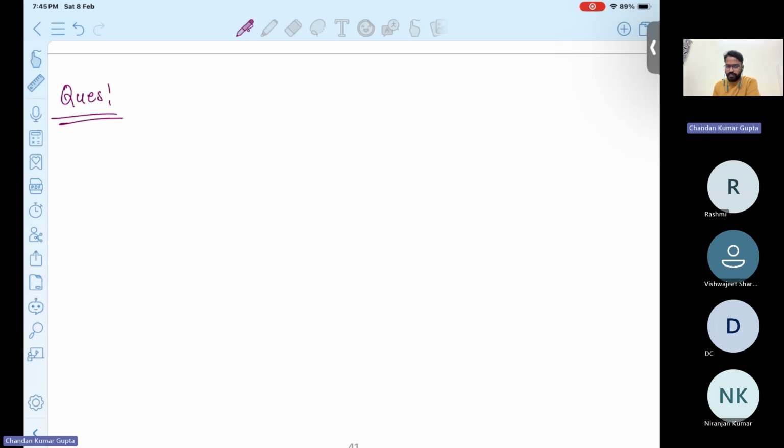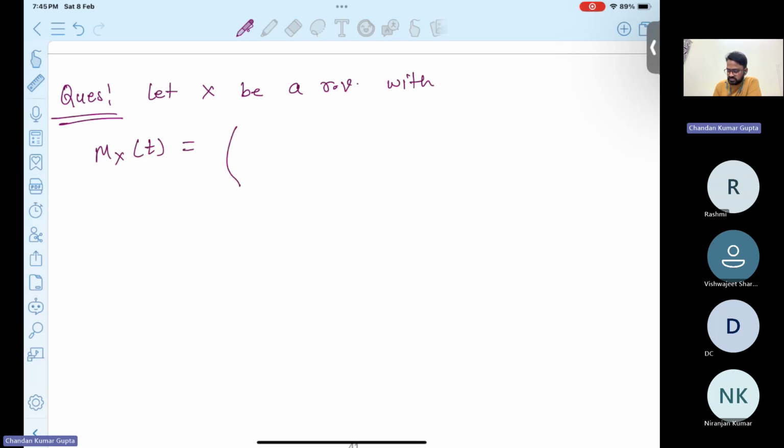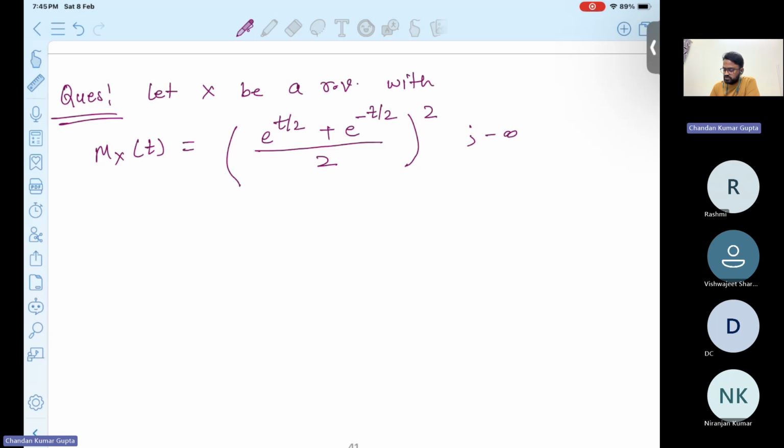Now the question is, let X be a random variable with the moment generating function M_X(t) given as ((e^(t/2) + e^(-t/2))/2) whole squared, for t lying between minus infinity and plus infinity.